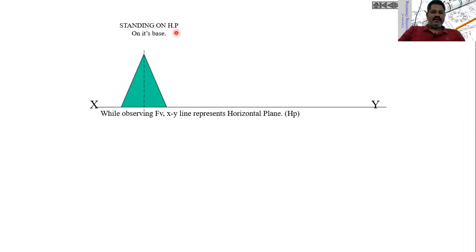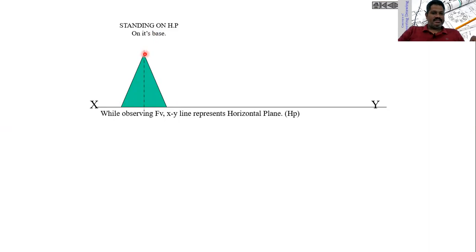Now, when it is standing on HP, XY in this case is the horizontal plane. When we see the horizontal plane from the front, it is a straight line or a horizontal line. I'm indicating this as XY. Now, when a cone is resting on HP and we see it from the front, it looks like a triangle.